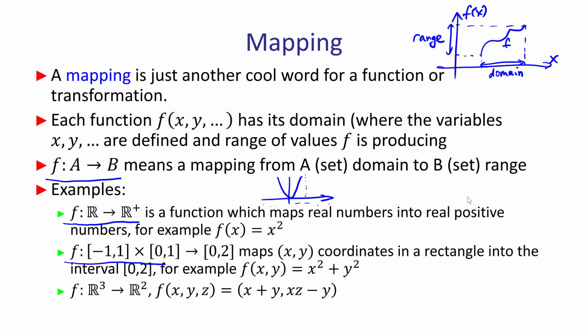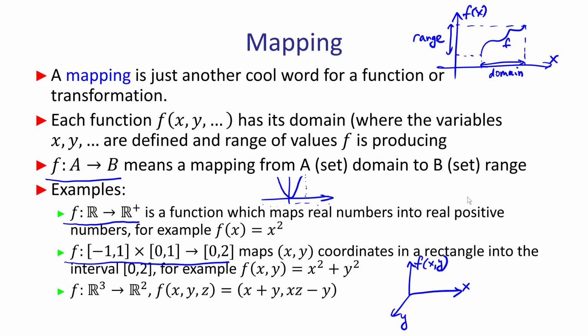Another function, like that. So this function, from the interval from -1 to 1, multiplied by the interval 0, 1, which means you technically have 3 dimensions now. One interval, so let's say this one x, y, and f of x, y.